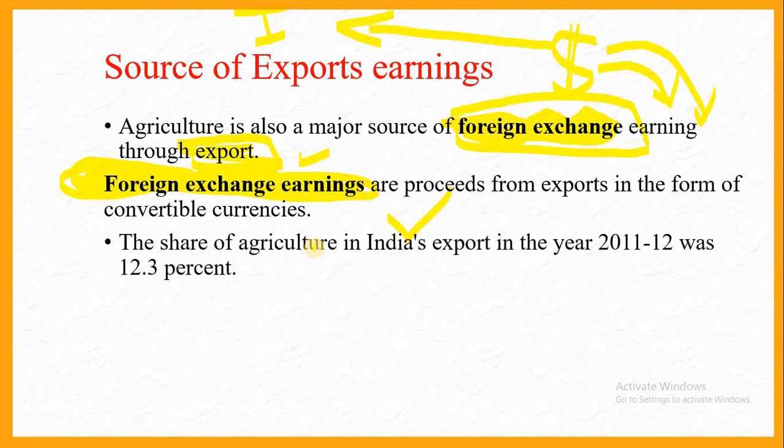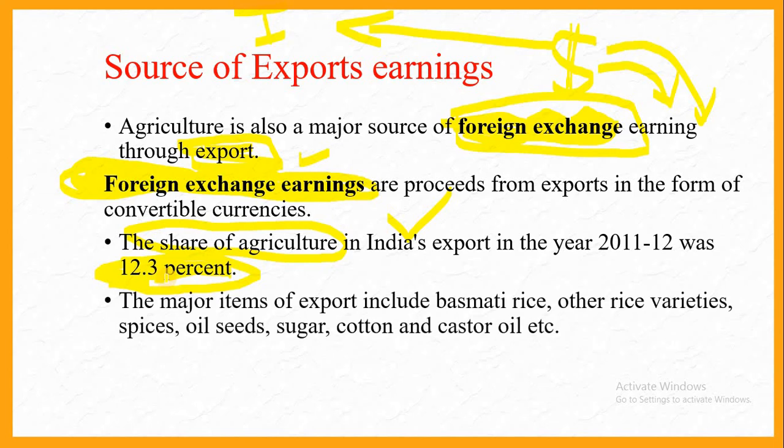And India's share of agriculture in its exports: out of total exports, 12.3% is agricultural exports. And what do we export? Basmati rice, very famous. We earned $4 billion just in the year 2019. Can you believe? $4 billion by exporting basmati rice.